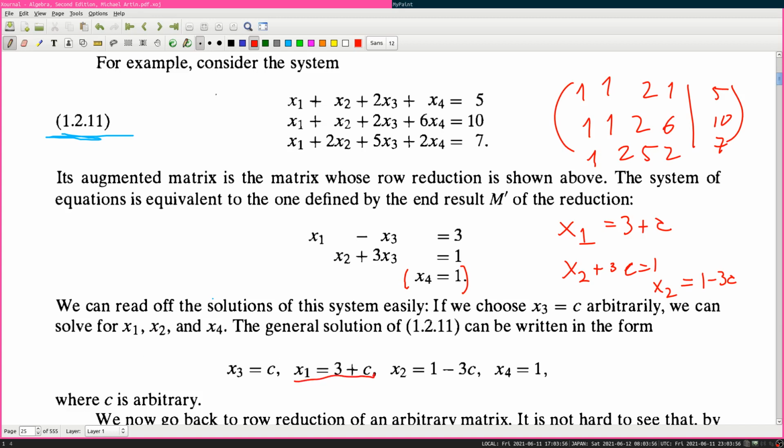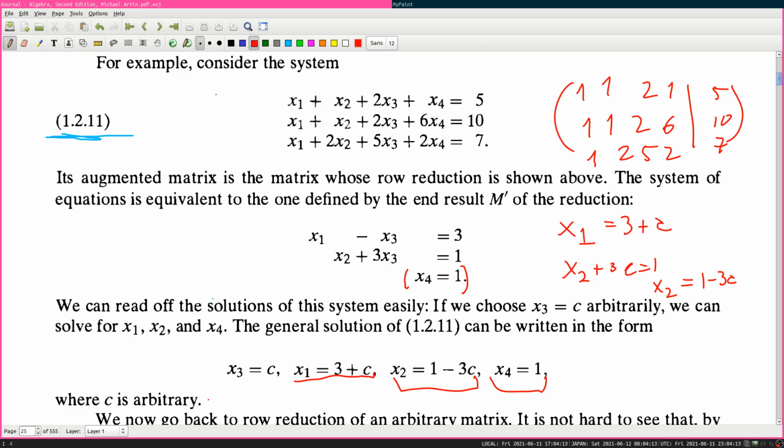So x1 equals 3 plus c, x2 equals 1 minus 3c, x4 equals 1, we have no choice there, and x3 is equal to c. So we can read out the solutions of this system easily: if we choose x3 equals c arbitrarily, we can solve for x1, x2, and x4.